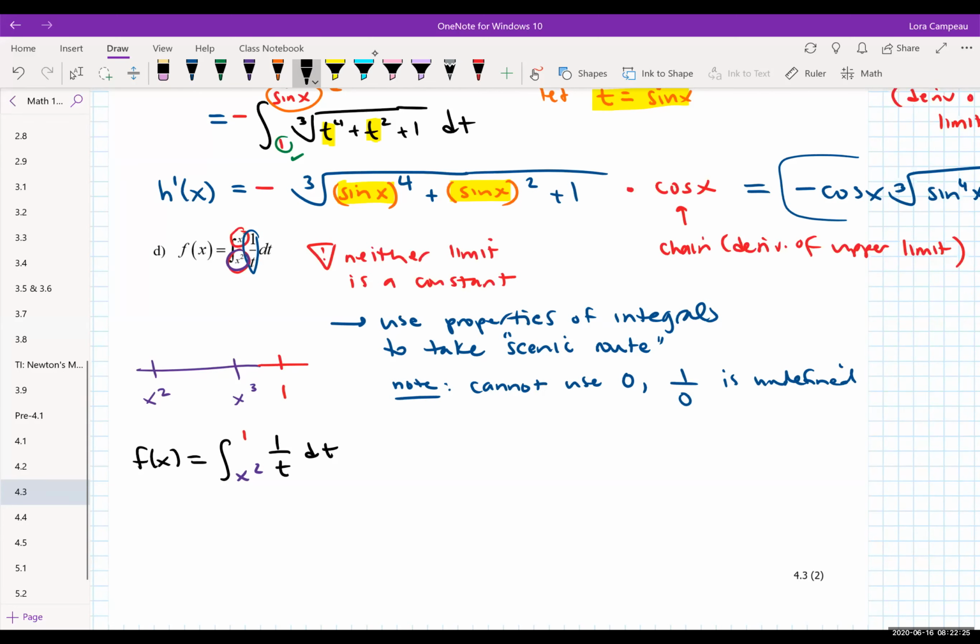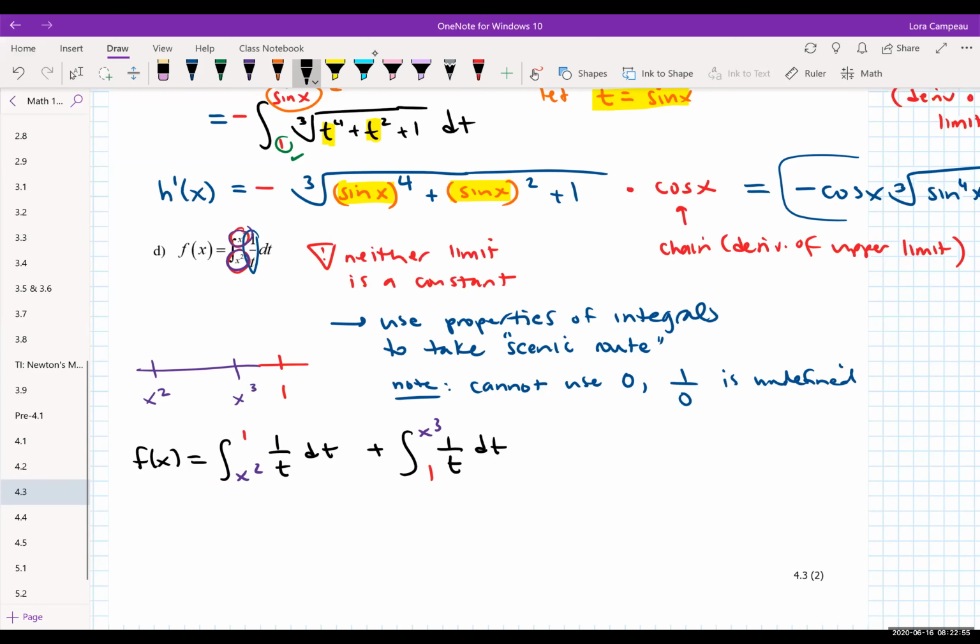And what I can do here is add the same idea. We are going to preserve the upper limit, which was x cubed, and now we have the constant that we introduced as the lower limit. So just make sure you set that up before you try anything. No mental math here. Just make sure you're clear about what you're doing. They're going from x squared to 1 and then 1 to x cubed.